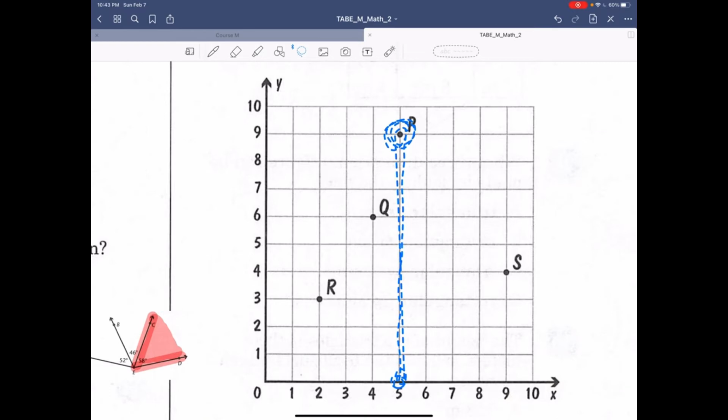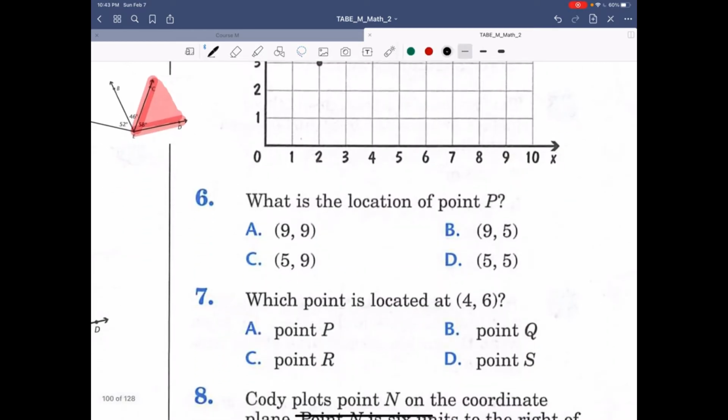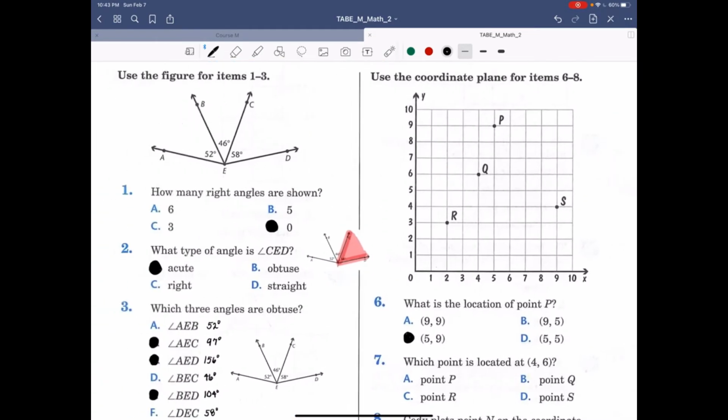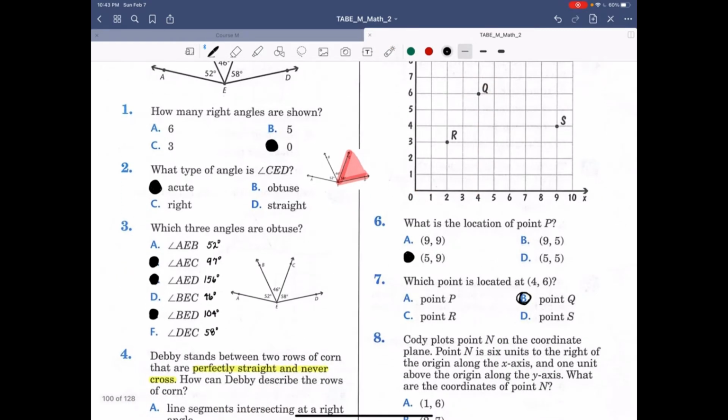So 5, 9. Number 6 is C. Which point is located at 4, 6? So over 4 and up 6, that is point Q. Number 7 is B.